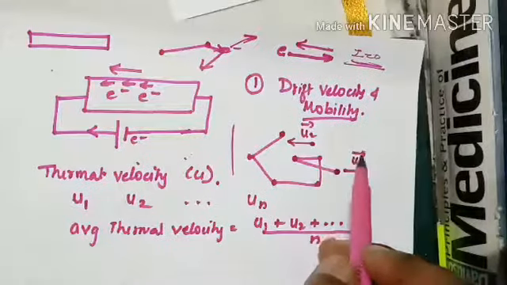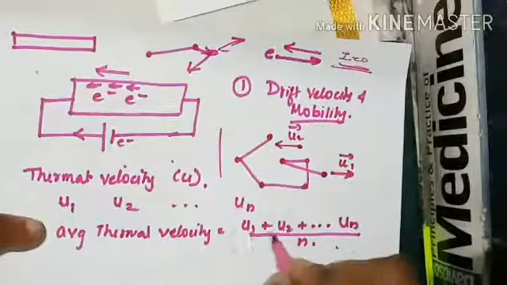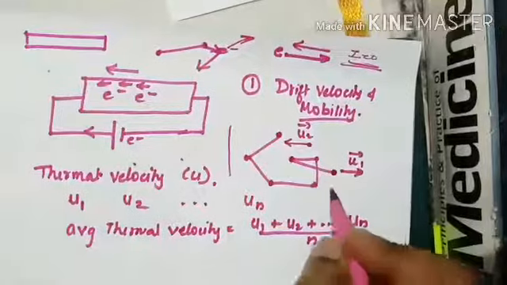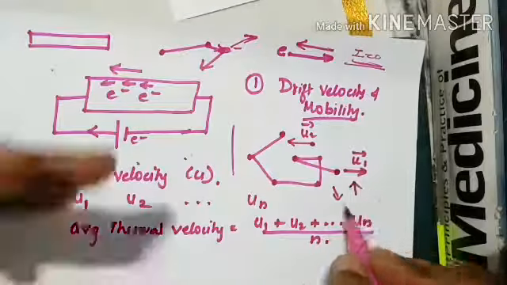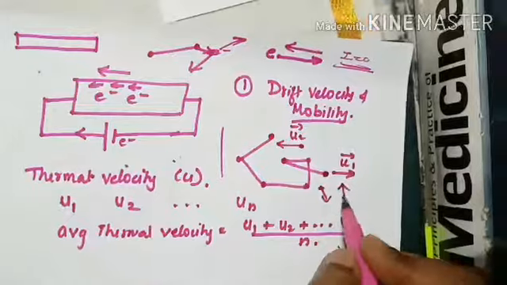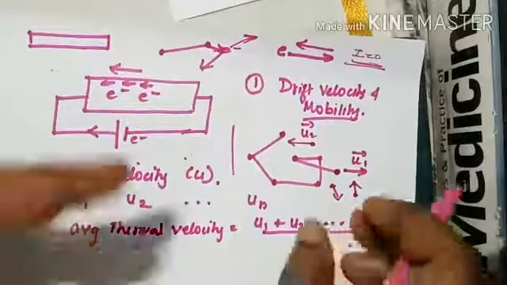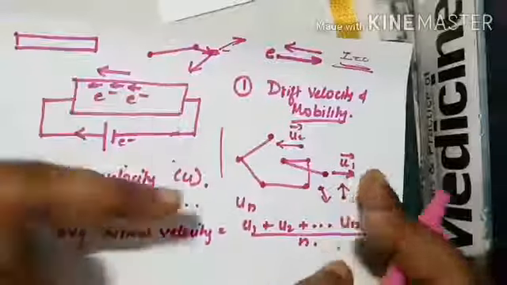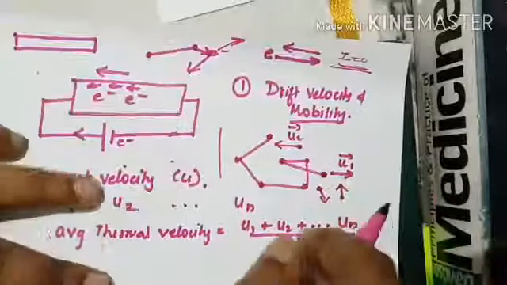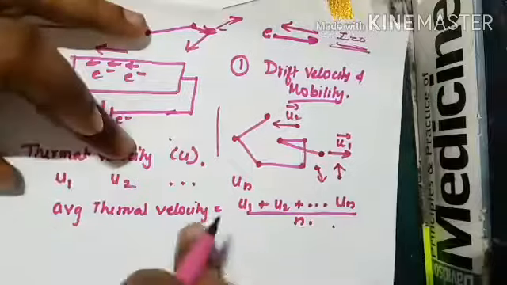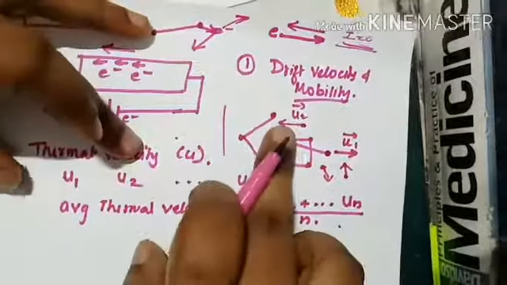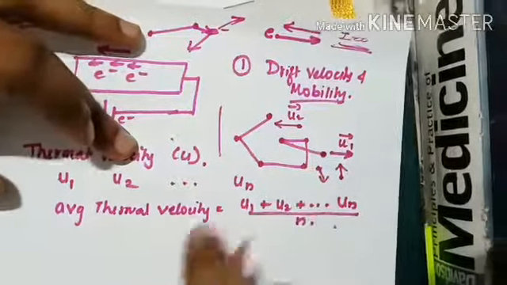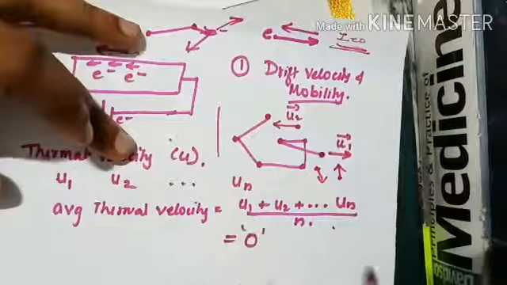Velocity is a vector quantity, so u2 becomes minus, so it becomes u1 minus u2, right? Then u3 might be having this direction, but u4 might be in this direction. That is, one electron is having this direction, the other electron is having this direction, so again their sum will be 0, right? They will be cancelling each other, such that the average thermal velocity when the electric field is not present, for an electron or for a conductor, is equal to 0.